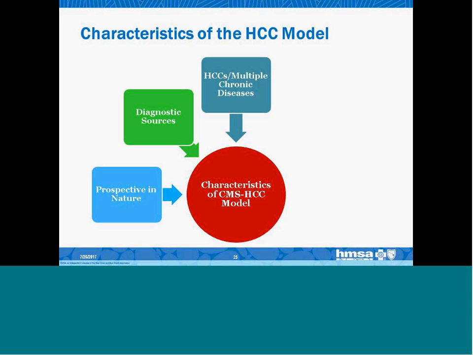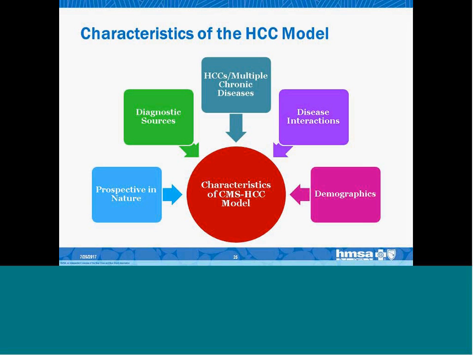Base payments for each member are based on HCCs that are influenced by Medicare costs for chronic diseases. Additional factors are applied when a hierarchy of more severe and less severe conditions coexist. And the final adjustment is due to demographic factors such as age, sex, Medicare entitlement, disability, and Medicaid status.